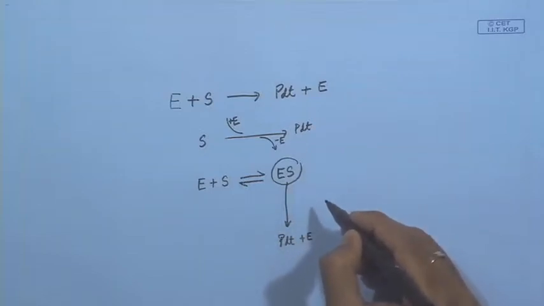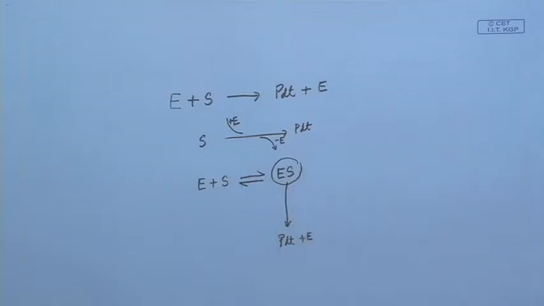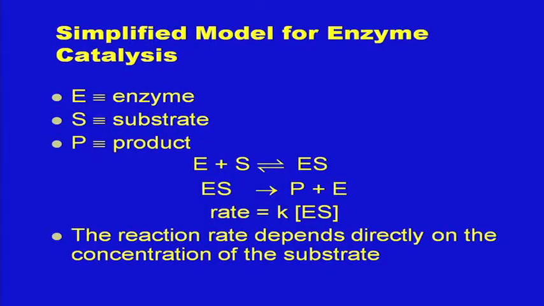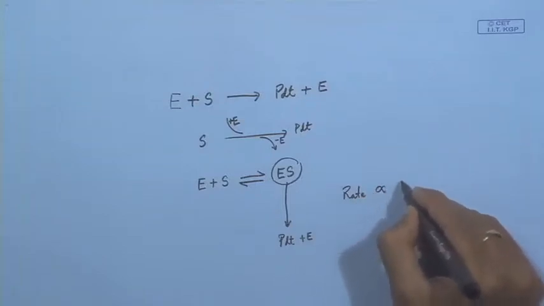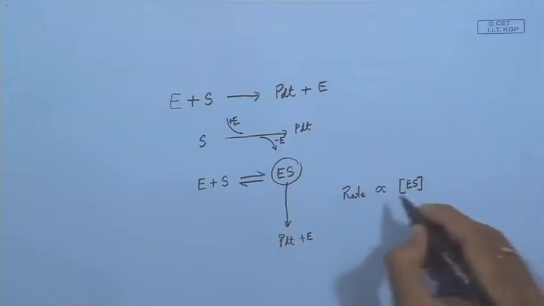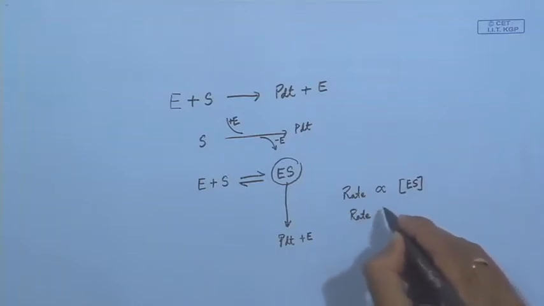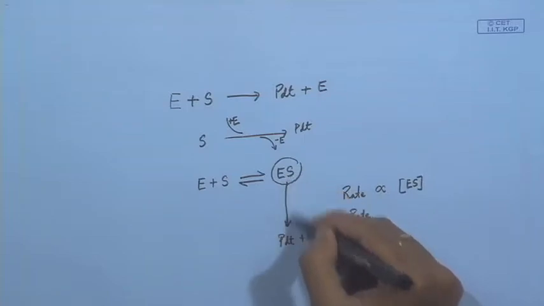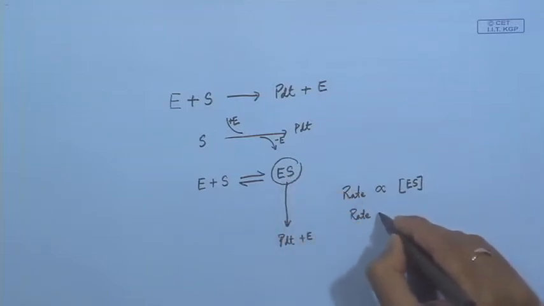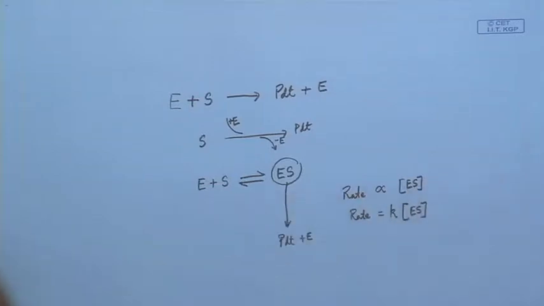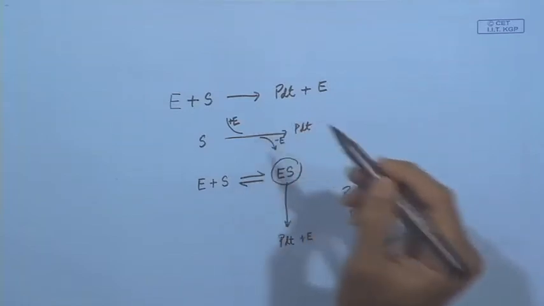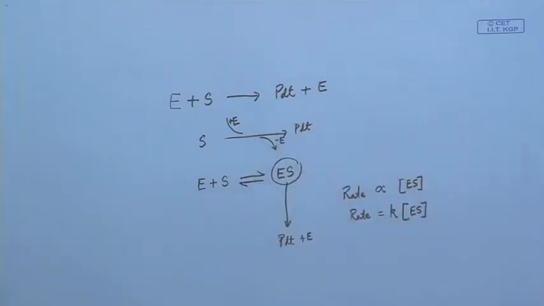And the reaction rate is found to depend directly on the concentration of substrate, and therefore your overall rate is proportional to ES, because this is your product formation step. So, rate is equal to some rate constant times ES. Okay. So, these are the 3 elementary steps, 1, 2 and 3.